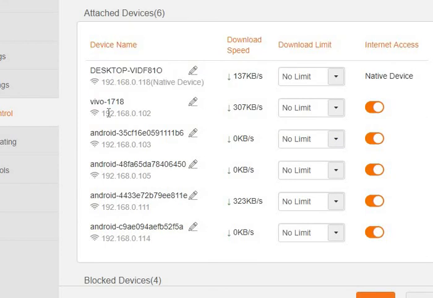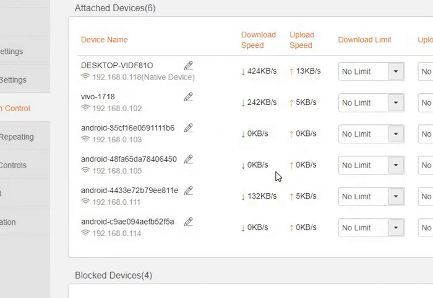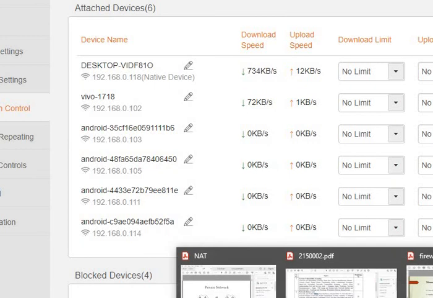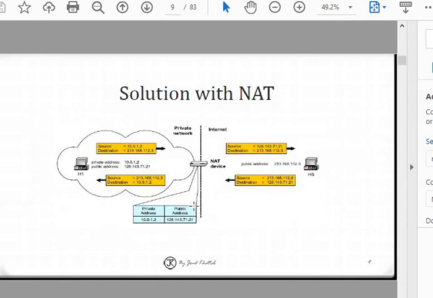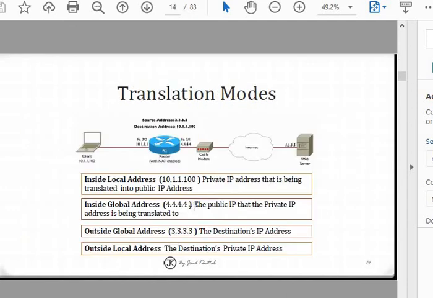So this private IP address to public IP address and public IP address to private IP address translation is called network address translation. I hope you are clearer now about network address translation.